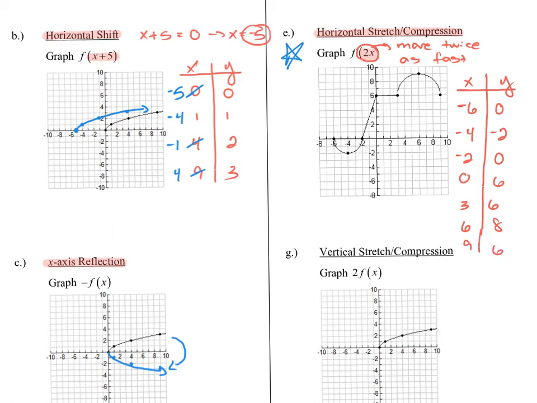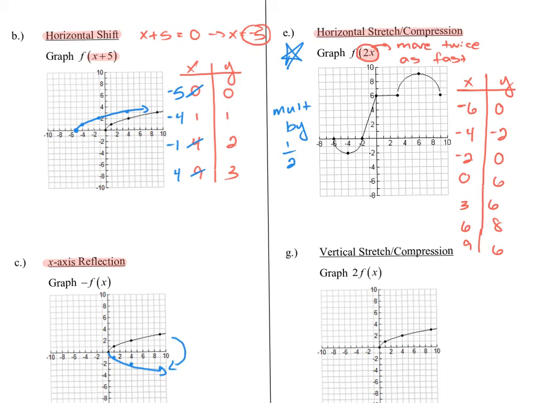So what I want to indicate here is that this is moving twice as fast. So I'm going to take each of these x values and multiply them by 1/2. What I'm doing is 1 divided by whatever is my coefficient here.